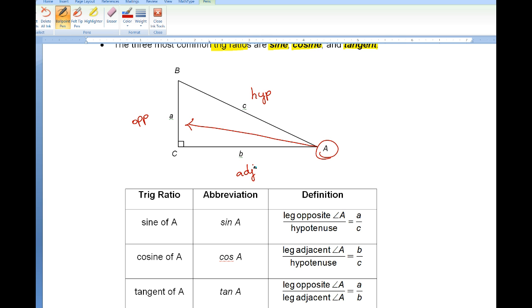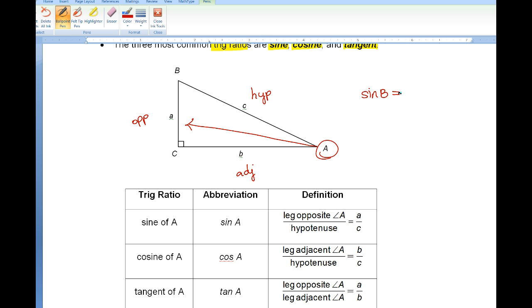For the cosine, it's going to be the leg adjacent to angle A, which is B, over the hypotenuse, which is C. And the last one, the tangent, is going to be the leg opposite over the leg adjacent to that angle. Now, what if I change this to the sine of B? Just as an example, the ratio changes depending on which angle I'm looking at.